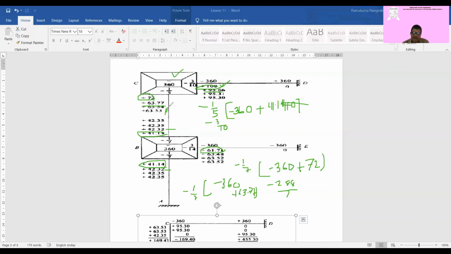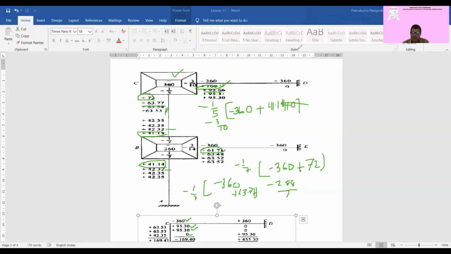The moment at CD will be the fixed end moment minus 360, 2 times the near end moment 95.3 plus the far end moment 9.53. Then 0 from this end, so 0 is added. So it comes out to this value.